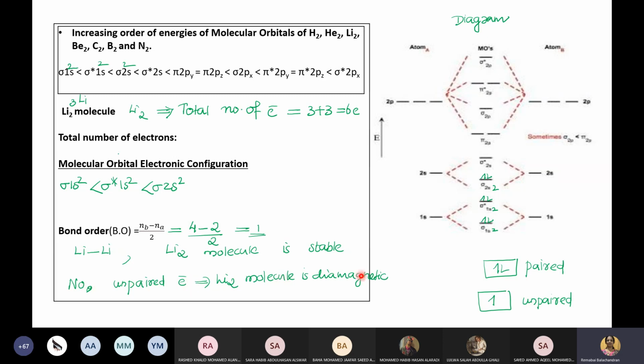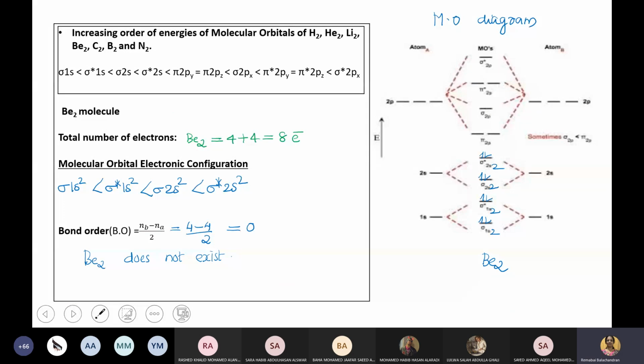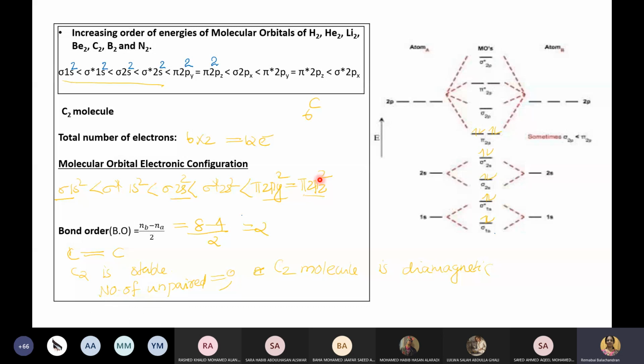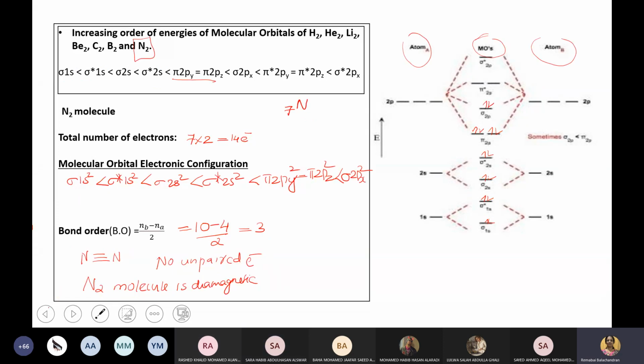No unpaired electron, all paired. So it's diamagnetic. This one doesn't exist. When it comes to this one, see, this is paramagnetic. Why? One unpaired electron. Now this one, there is no unpaired electron. All are paired. So it is diamagnetic. Did you understand? Yes. Okay, next.